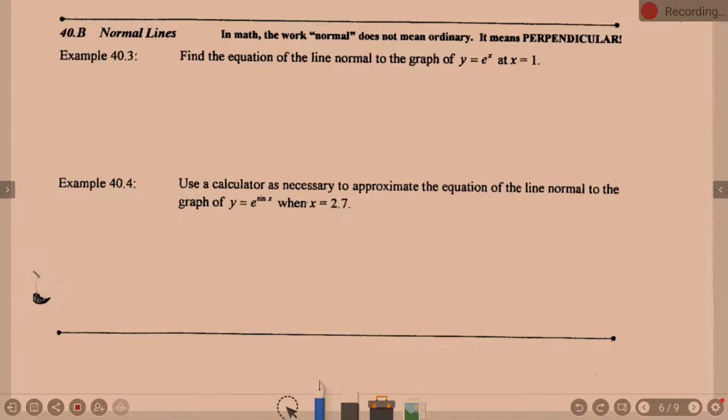Okay, ready? I suppose. If we must, right? Normal lines. In math, the word normal does not mean ordinary. When we talk about a normal line in calculus, it really means a perpendicular line. So normal is another way of saying perpendicular. If you are asked to find the equation of the normal line, you're being asked to find the equation of the perpendicular line.